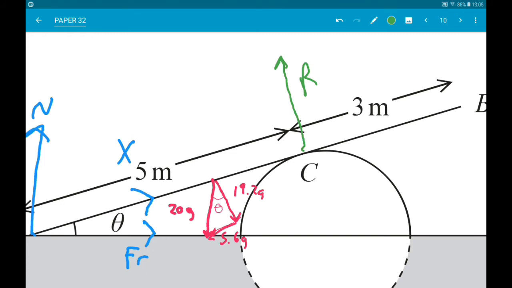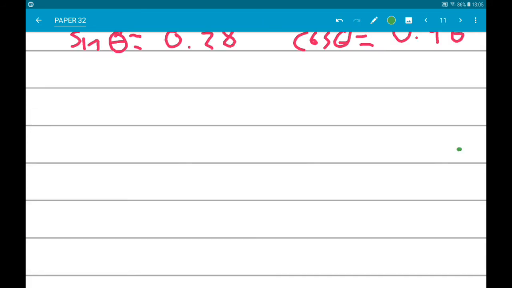So, the moment from the centre of the ramp is 4 times 19.2g. I'm going to use g as 9.8.